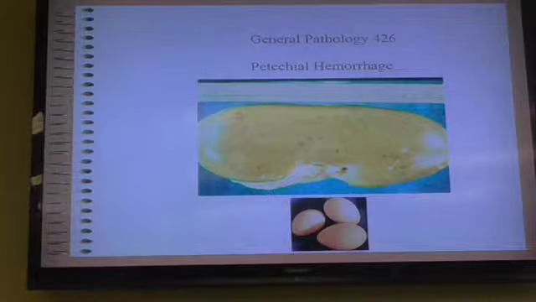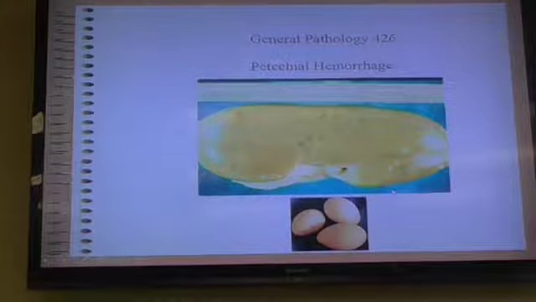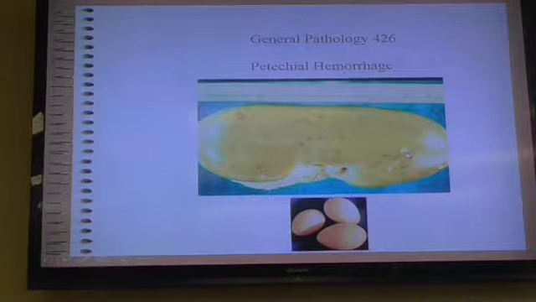Now here's a nice color picture of a pig kidney, from a pig that has classical swine fever. Anybody know what the old name for that is? Hog cholera. But anyway, this is called a turkey egg kidney. And what are these?